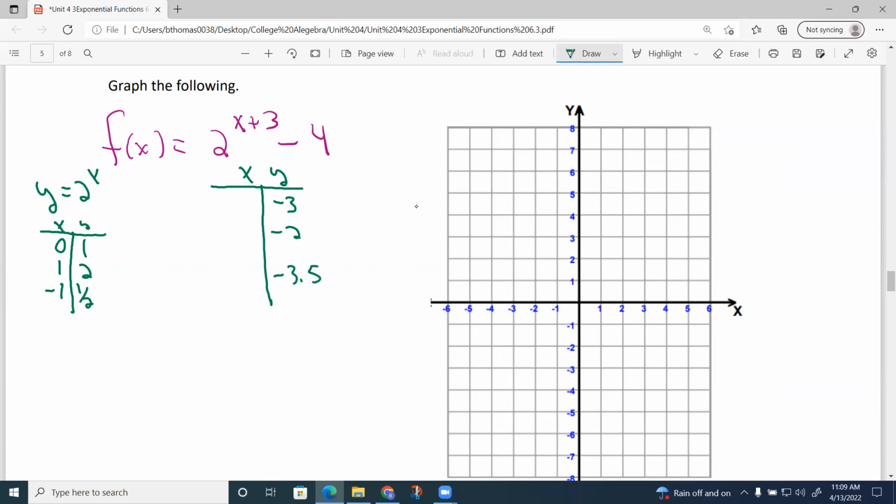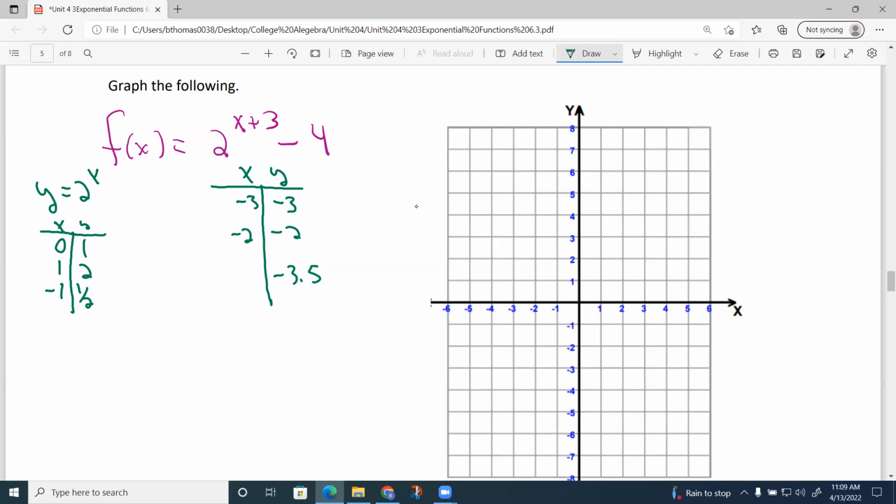When it comes to the x values, notice how this +3 is actually on the inside. Since it's inside, that +3 affects the x values backwards. So all your x values are now moving to the left 3. That 0 now becomes -3. 1 take away 3 becomes -2.